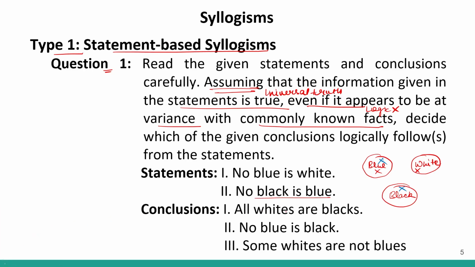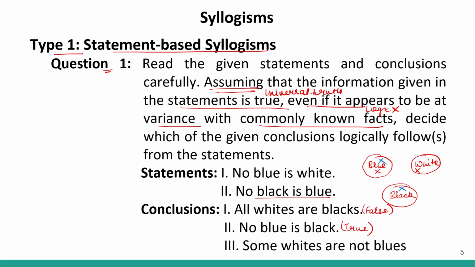Now let us look at the conclusions. The first conclusion says all white are black. This is not true, because it can be a possibility, but it is not 100% true. Therefore, this is false. The second says no blue is black. I can see blue and black have the same colored cross, so this one is true.